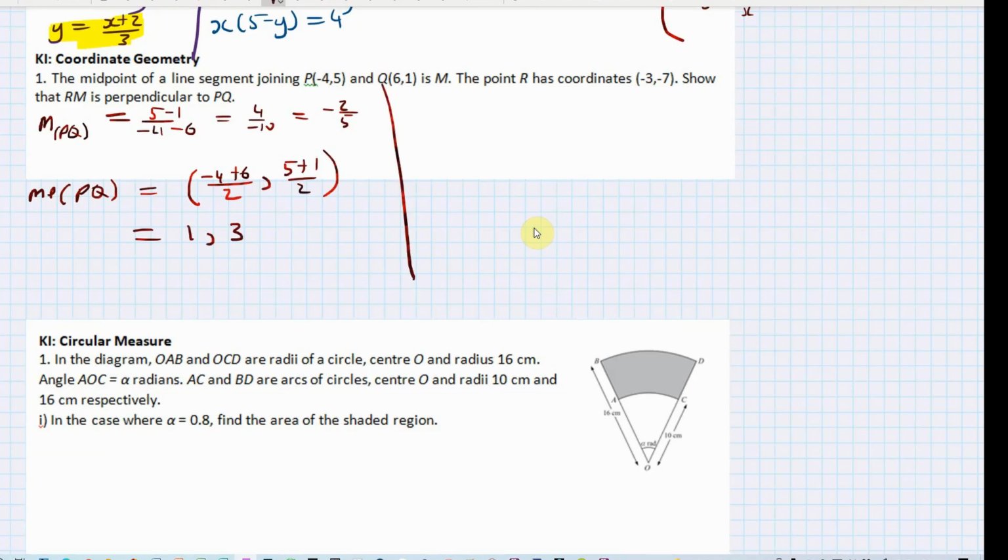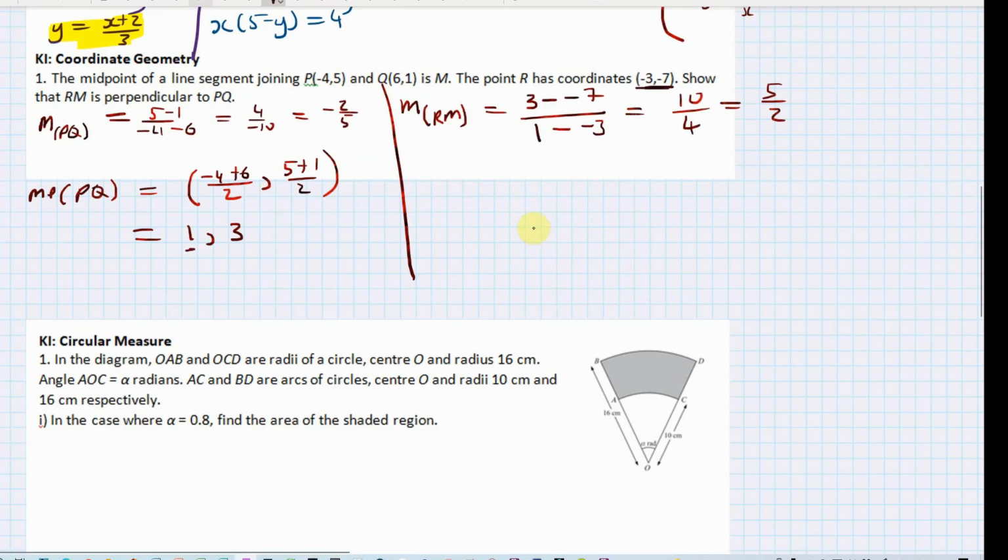At this point we want to find the gradient of RM. Now we know where R is, that's this information here. So changing y's, 3 minus -7, and then this one here, 1 minus -3, so this gives us 10 over 4, which is equal to 5 over 2.